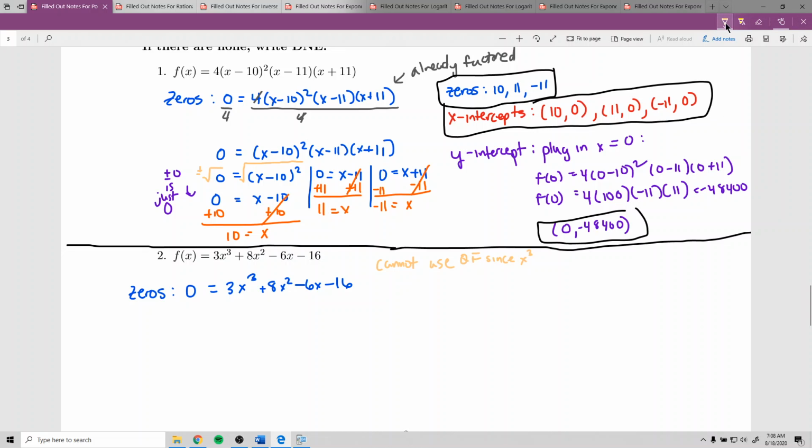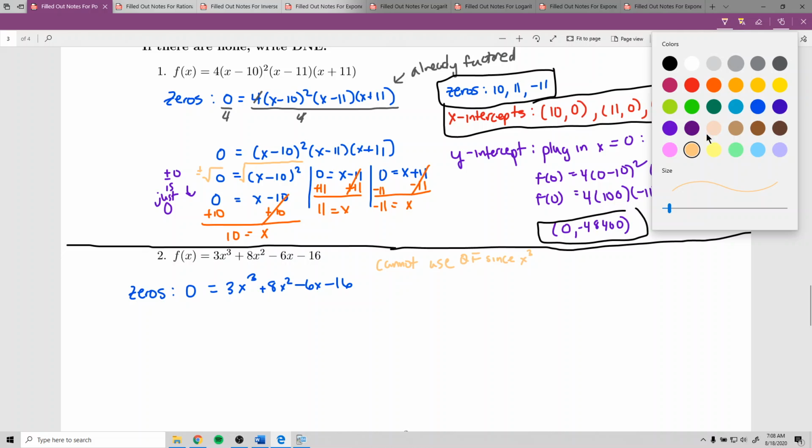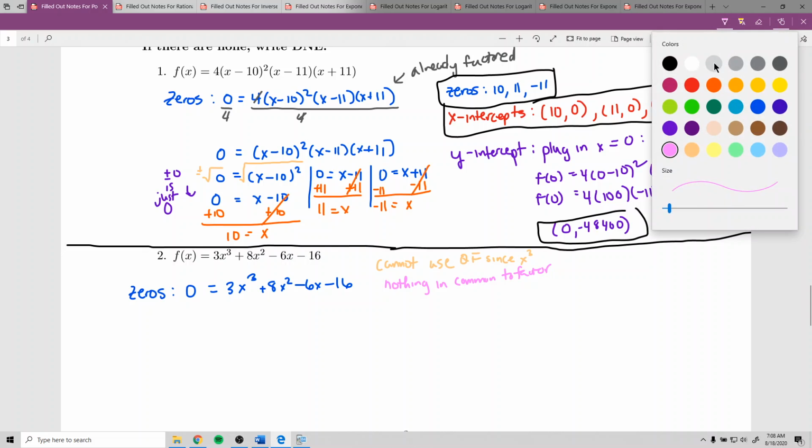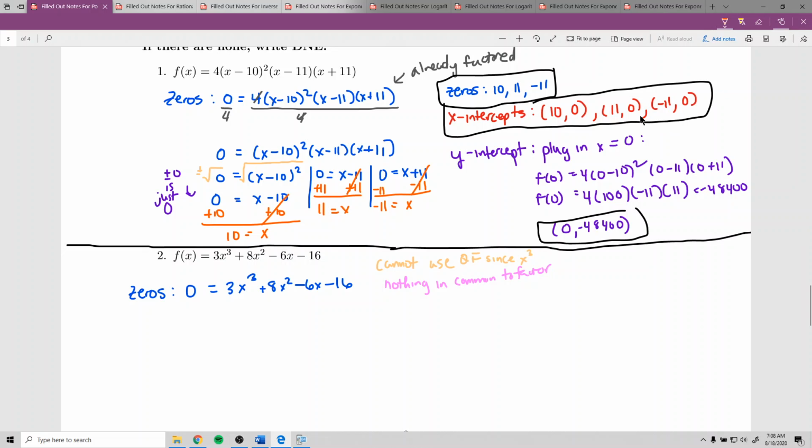Also notice that there's nothing in common to simplify or to factor. So you hopefully remember one kind of factoring that you use when there are 4 things that cannot be simplified, and that is factor by grouping.